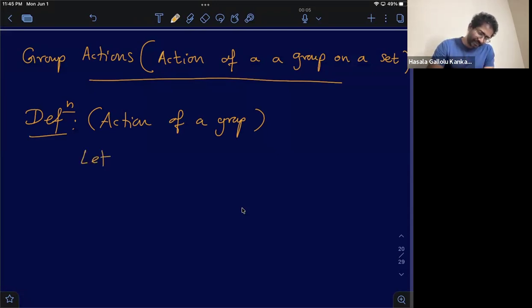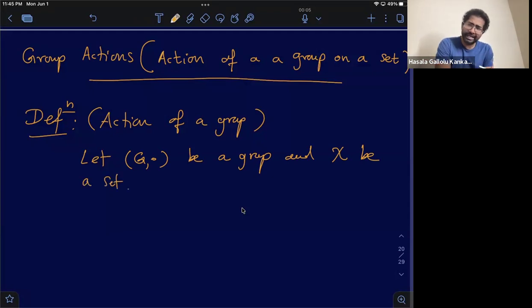To talk about an action of a group, let's have a group, and let X be a set.